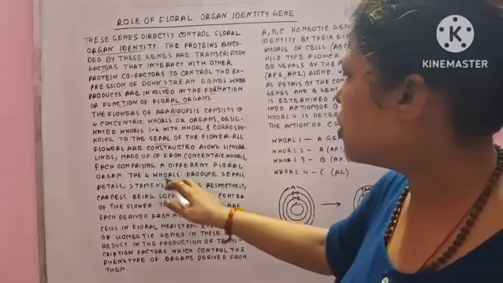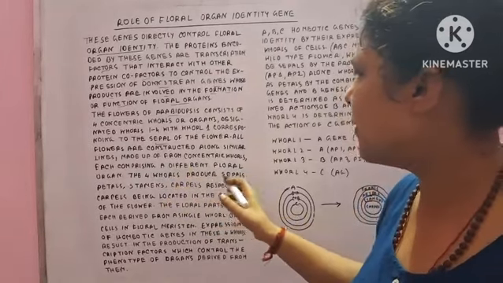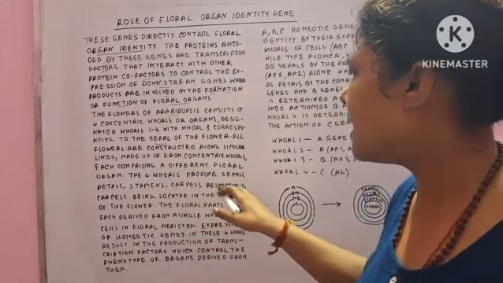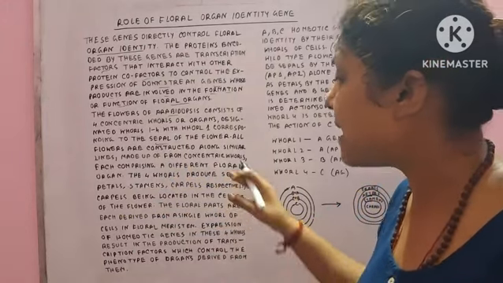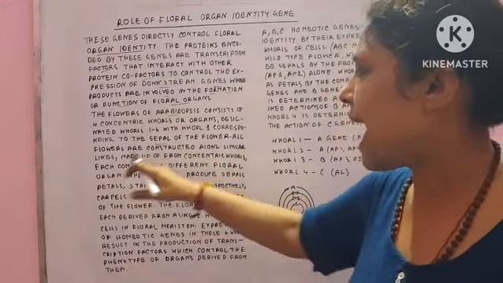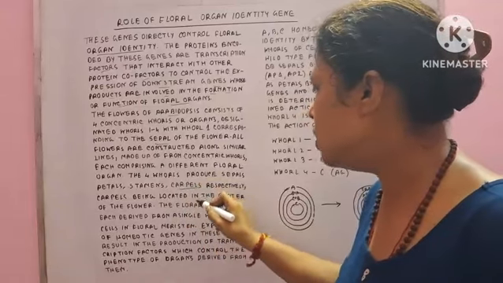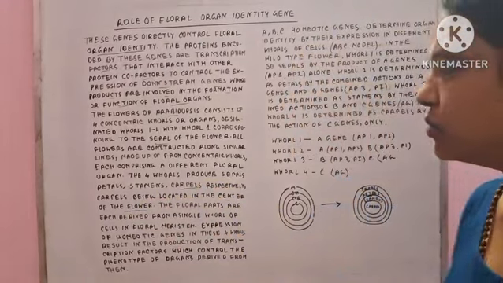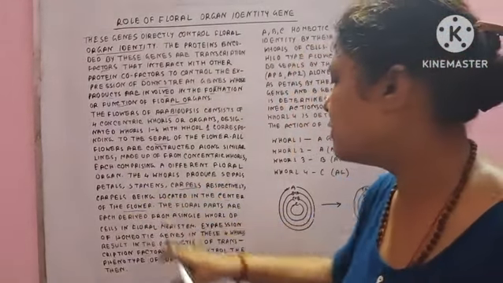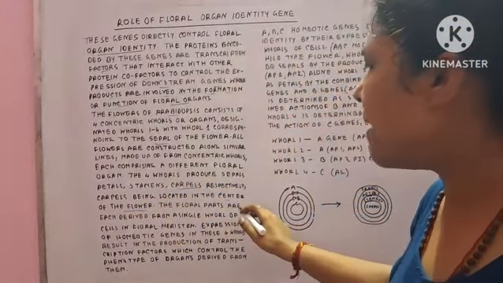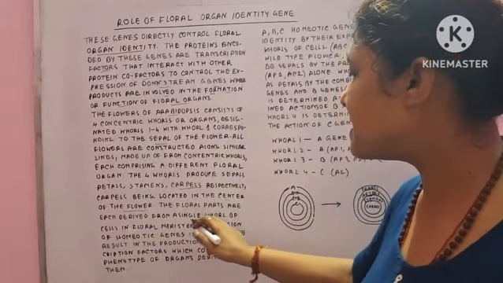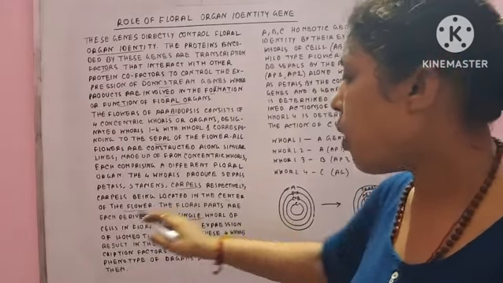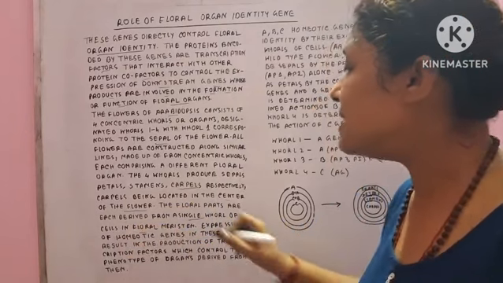The four whorls produce sepals, petals, stamens and carpels respectively, and among these the carpel is located in the center of the flower. You all know that it is located in the center, and the floral parts are each derived from a single whorl of cells in the floral meristem.